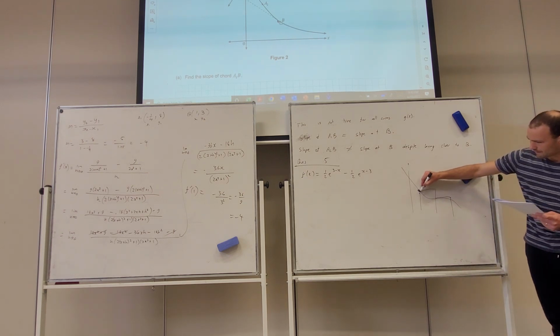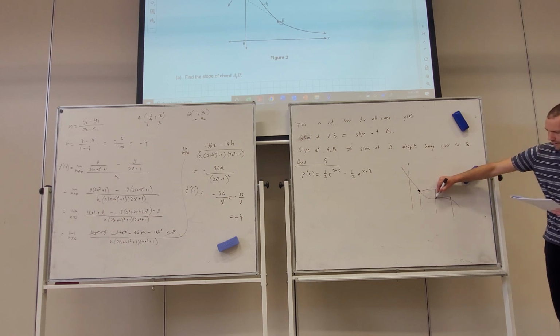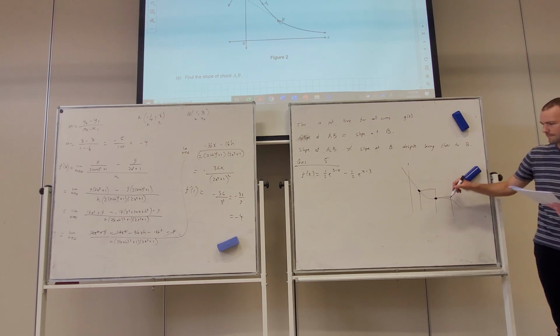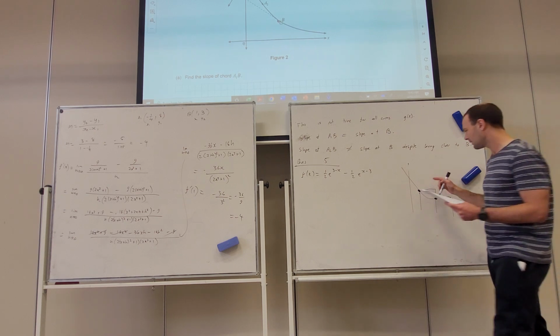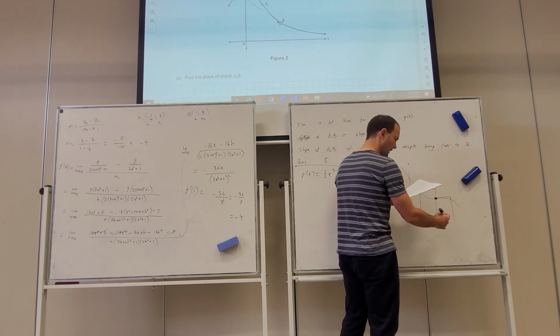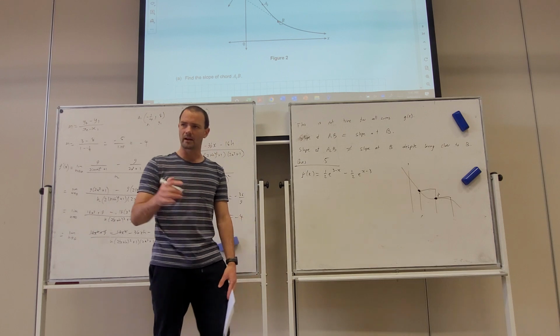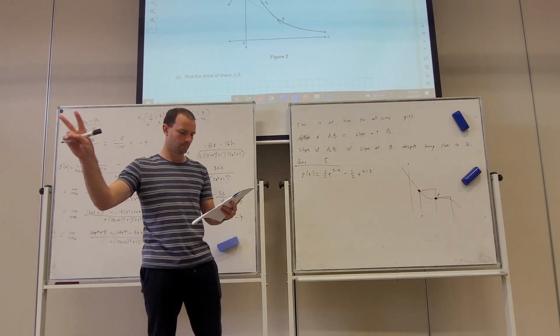Okay, we need the y value at this point, because that's going to be the height of the first rectangle. And we need the y value at this point, because that's going to be the height of the second rectangle, right? So that means we need the y value when x is 1, and we need the y value when x is 3.